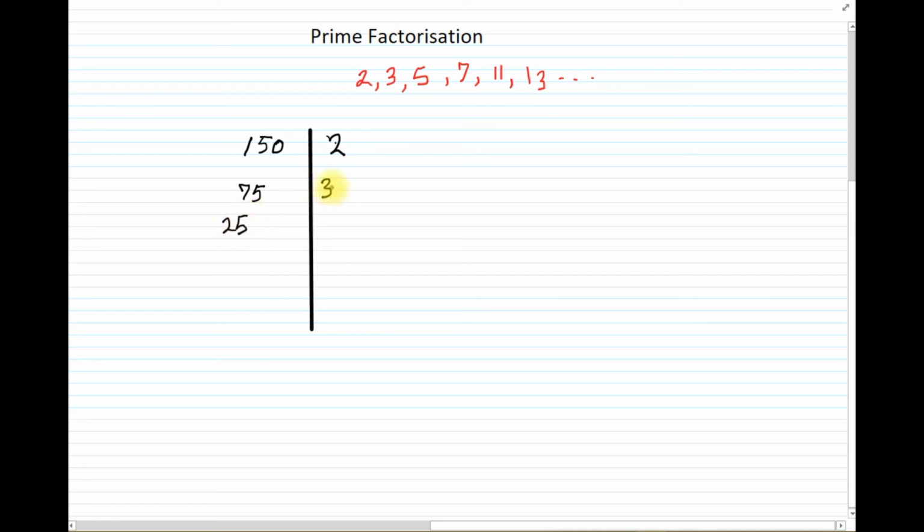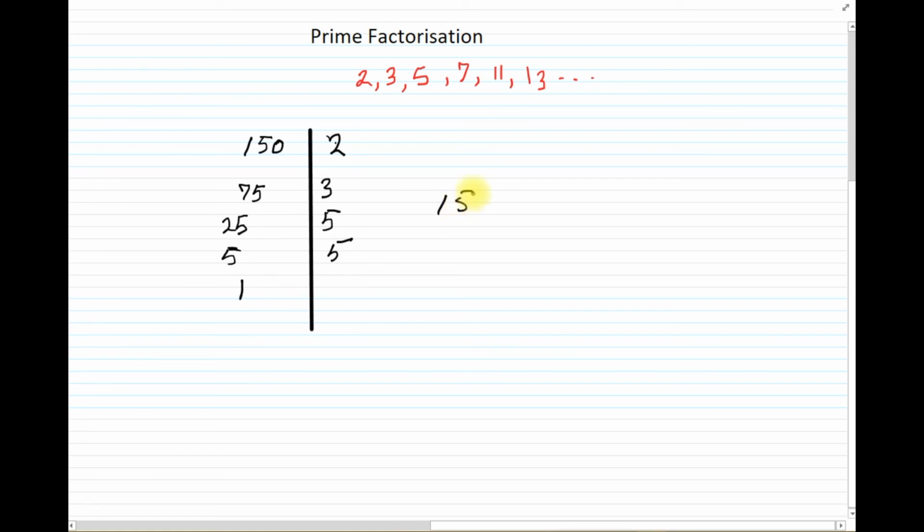25 is not divisible by 3, so we move up to the next prime. It's divisible by 5, so 25 divided by 5 is 5, and 5 divided by 5 gives 1, and we stop here.